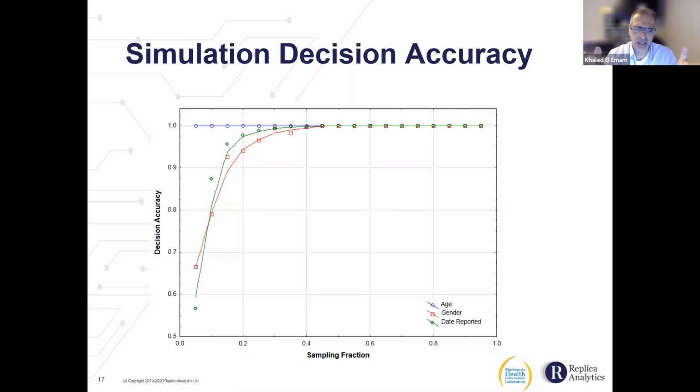So again, if we have a subsample of around 25%, and we use that to simulate the full data set, we would be making the correct decision regarding the statistical significance of each one of the variables around 95% of the time.